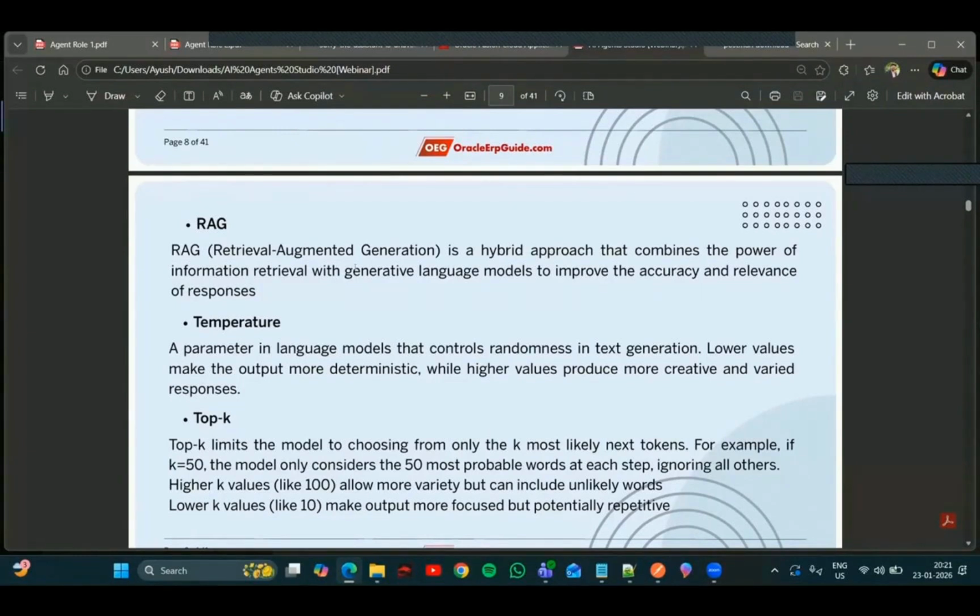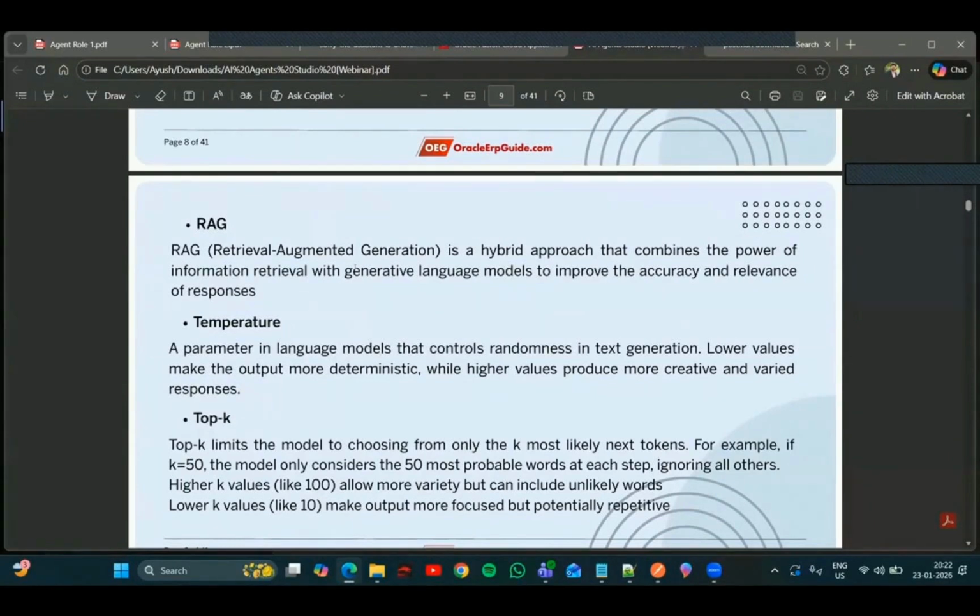Within PL SQL, we can call these LLMs and do some operations there. So how will you get these LLMs into your code? How will you transfer data between them? That's where APIs come in. In order to get what you want exactly, you have certain parameters for the APIs. That's where temperature, top P, top K come in.